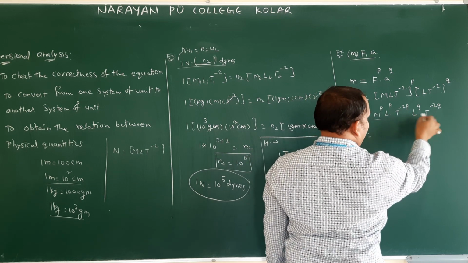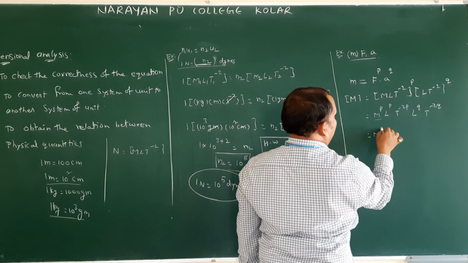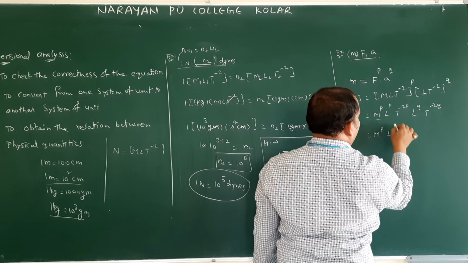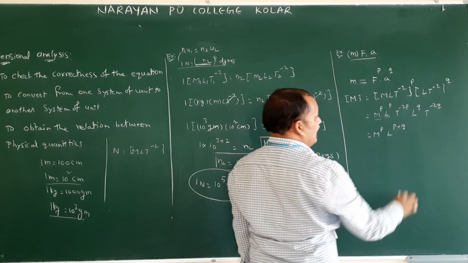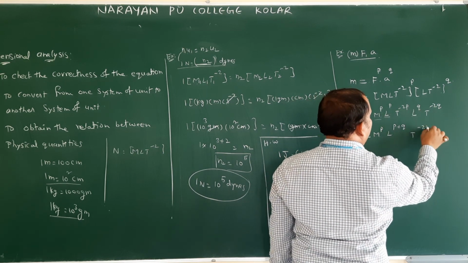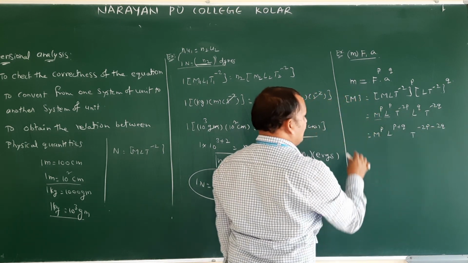So M power, only M power 1, therefore M power P. L powers, 2 L powers are there, here L power P, here L power Q, therefore L power P plus Q. Next T power minus 2P minus 2Q.